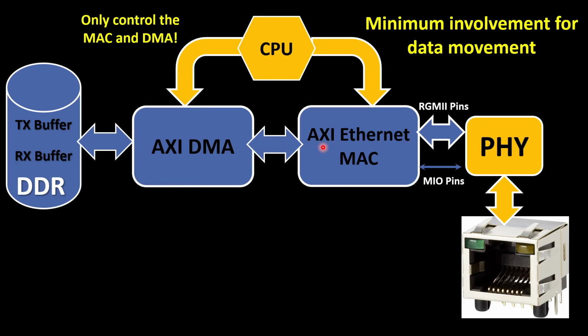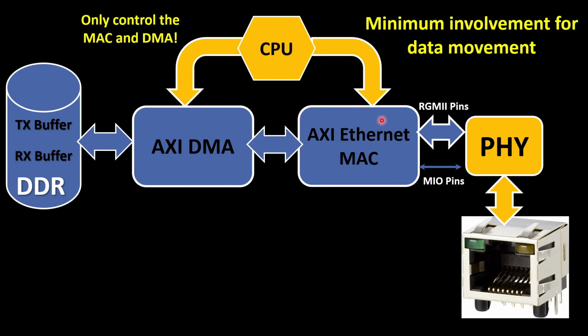We also have the MAC in the AXI Ethernet IP core. That's why I also show the MAC beside the AXI Ethernet. The CPU also controls the AXI Ethernet. So the main job of the CPU, whether it's an ARM core or a MicroBlaze, is control and monitoring.